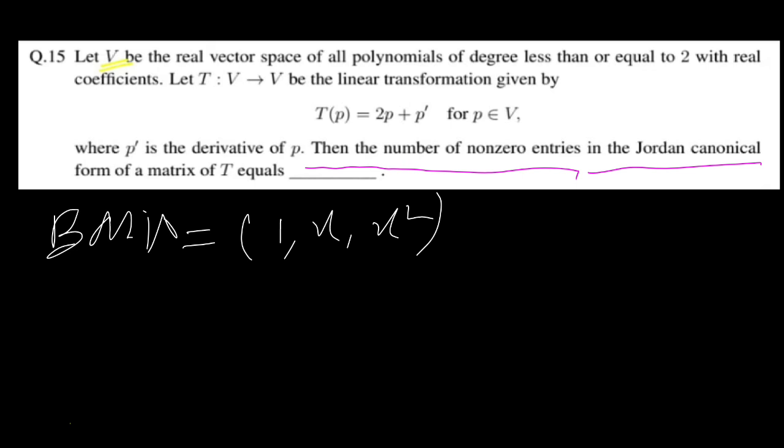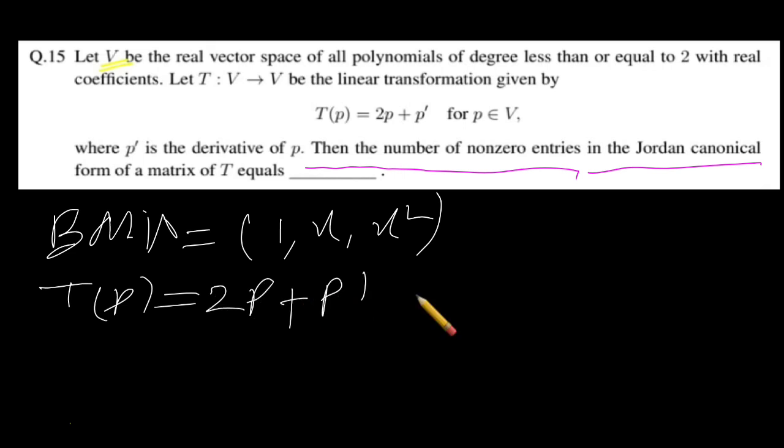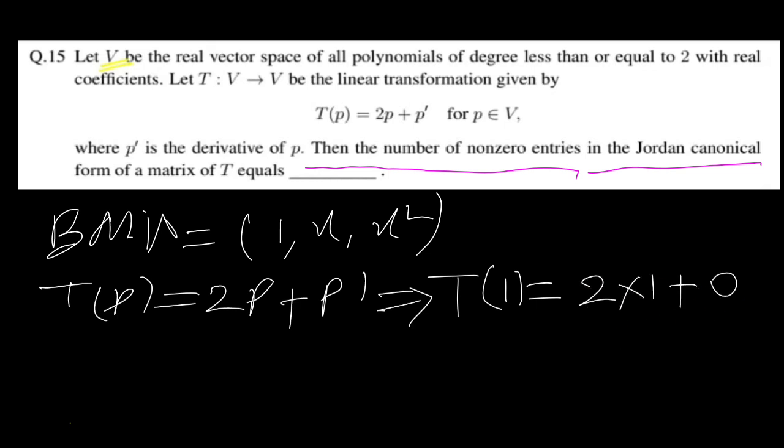Then Tp equal to 2p plus p dash. Take p equal to 1, the constant polynomial. Then T1 is 2 into 1 plus p dash, which is 0 because the differentiation of a constant is 0.